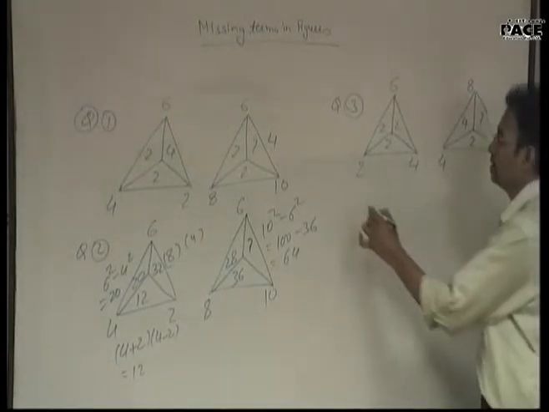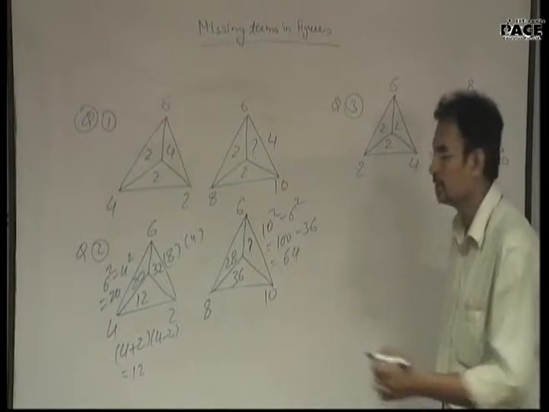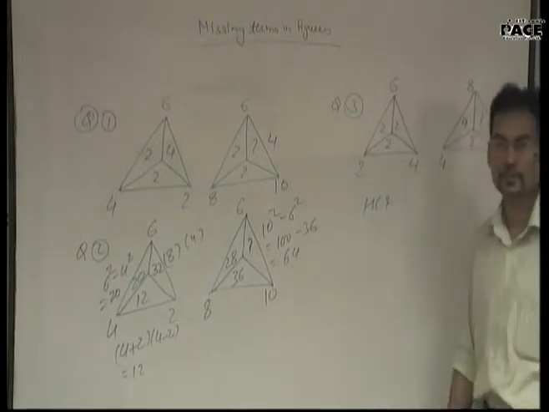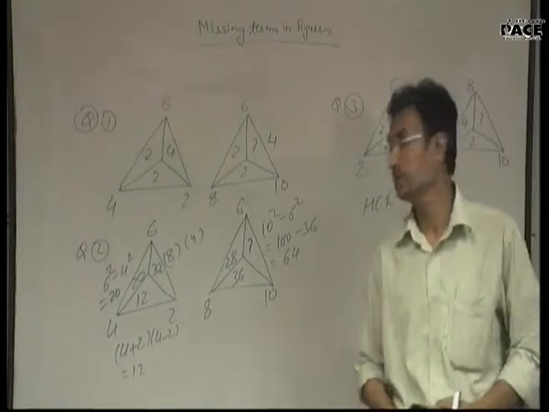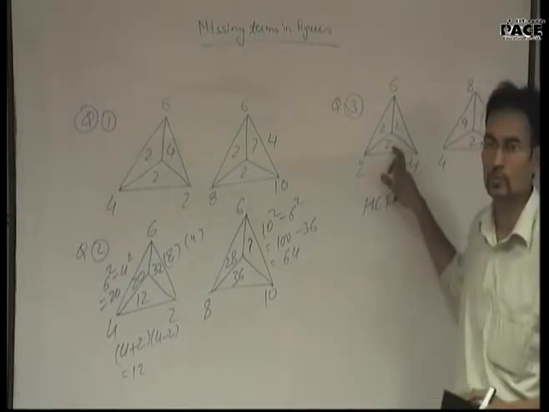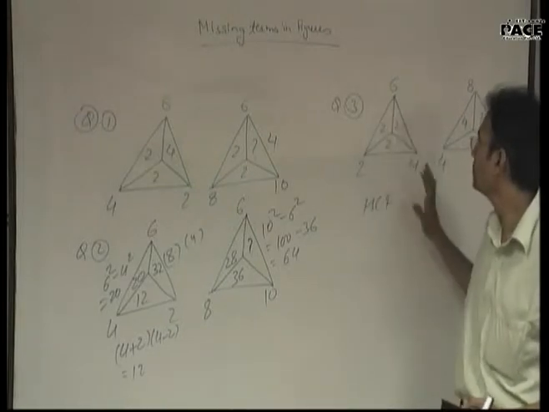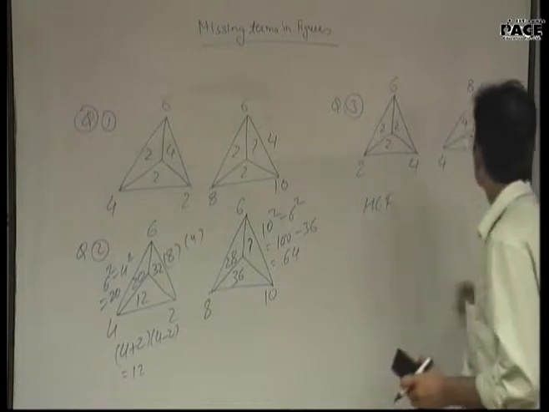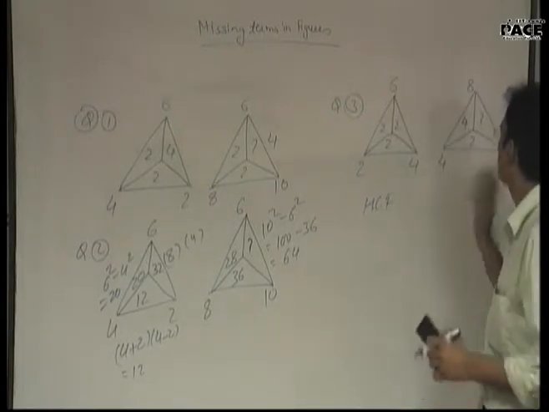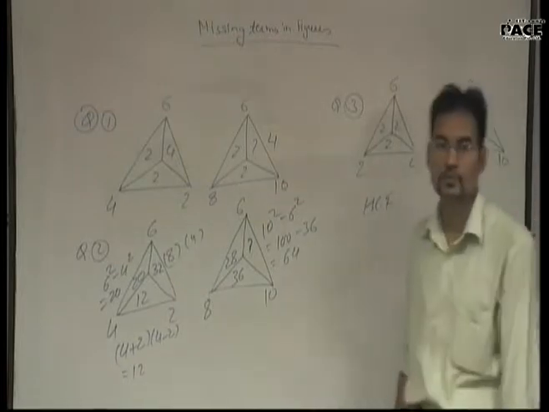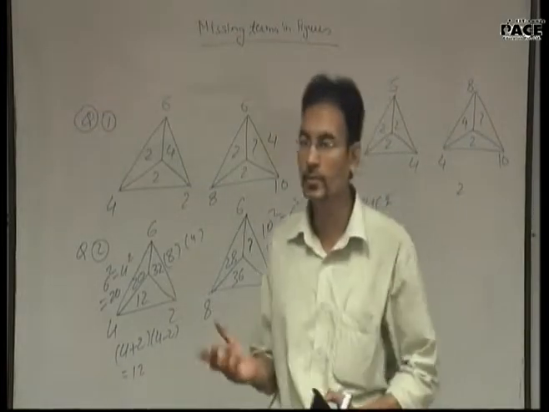This question is based on one topic in mathematics, that is highest common factor, HCF. HCF of 2 and 4 is 2. Similarly, 2 and 6 is 2, 4 and 6 is 2. HCF of 8 and 10 will be 2. So the answer will be 2.